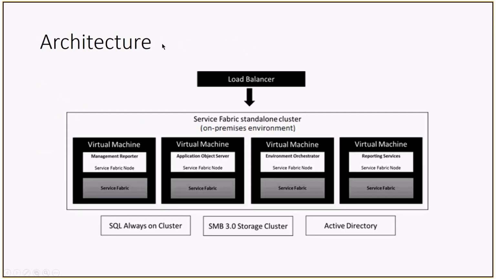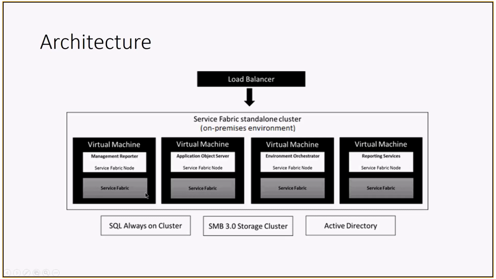From an architecture standpoint, the main difference in the on-premises deployment is that now we run everything on Service Fabric. So all the services and the applications we'll be installing would be running on top of the standalone Service Fabric cluster. Here in this architecture diagram, you will see that we have this big box, which is the Service Fabric standalone cluster in your on-premises environment.